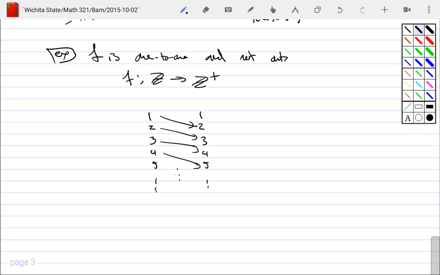No. Is it onto? Nope. But is it one-to-one? Yes, but what's the problem? It's not a function. Why is this not a function? I need the entire domain. If you don't give me the entire domain, this is not a function.